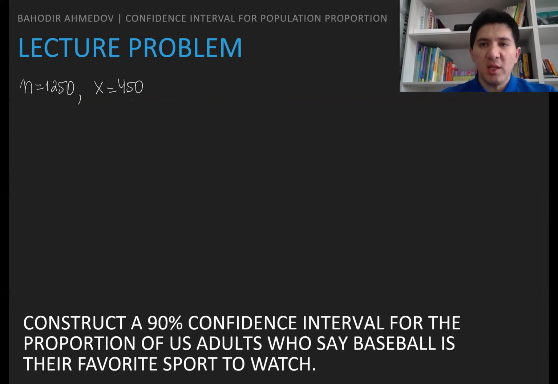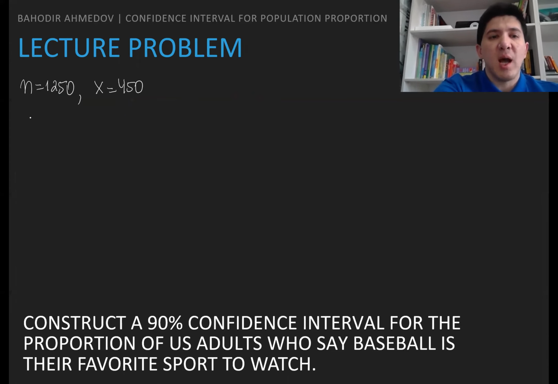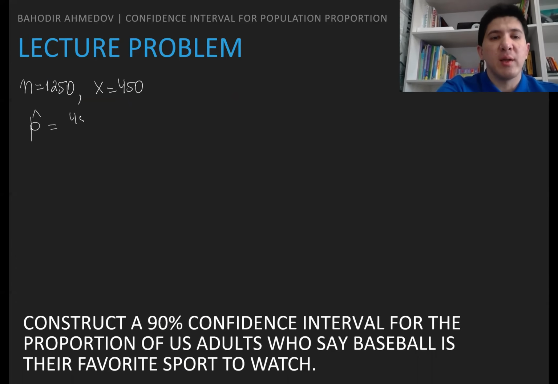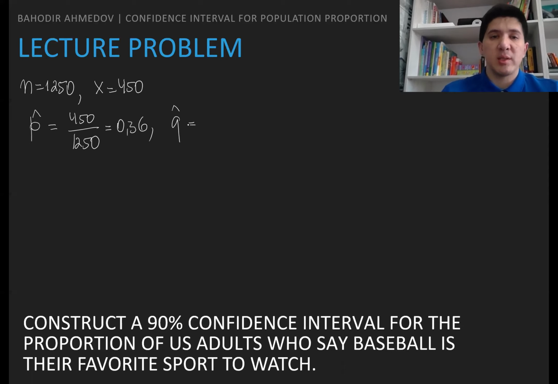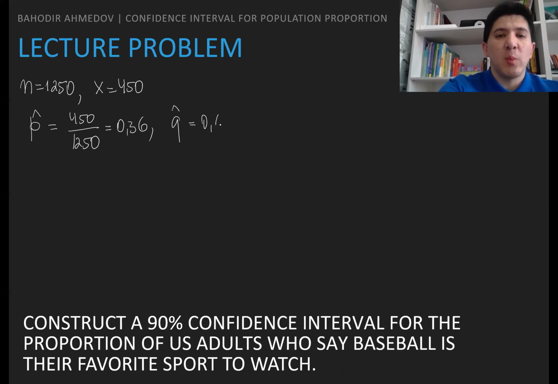So this information is enough for us to calculate the sample proportion, which is equal to 450 divided by 1,250, which is 0.36. I'm going to calculate the q hat as well, because I need this in order to calculate the error estimate. It's going to be equal to 0.64.